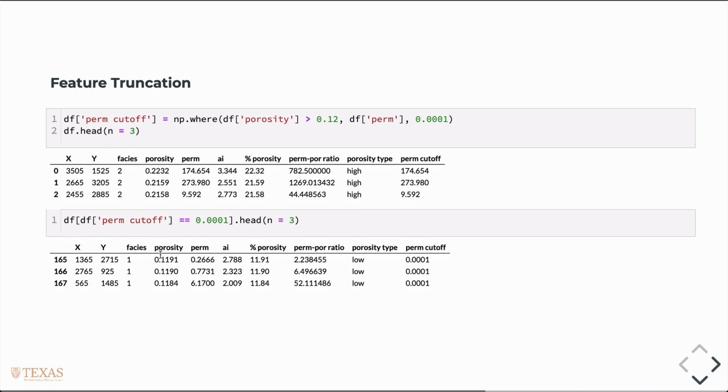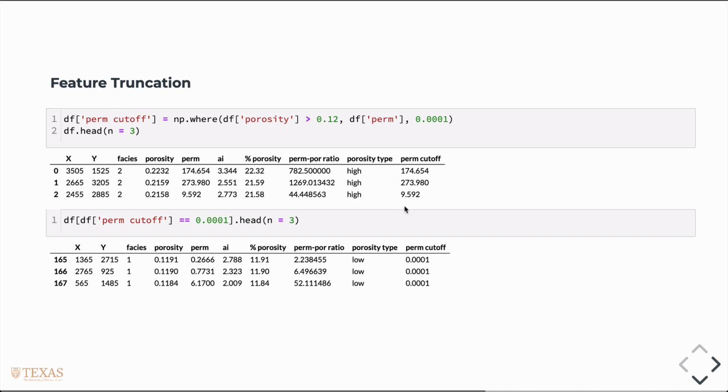So a similar operation, but instead of just assigning a high or low value, what we'll do here is say where the porosity is greater than 0.12, we're just going to pass the permeability through. And if it's less than that, we're going to just set it to a very small number, 0.001. We'll call this permeability cutoff and add a new column to the data frame.